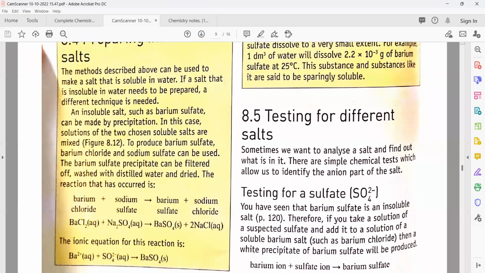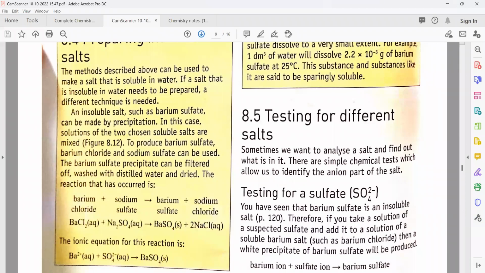Sometimes we want to analyze a salt and find out what is in it. For example, you see a salt, maybe NaCl, NaOH, sorry, other salts, and you want to find what is present in it.